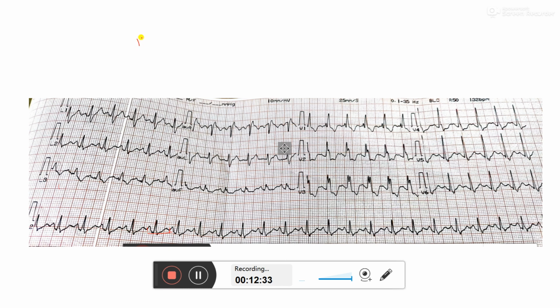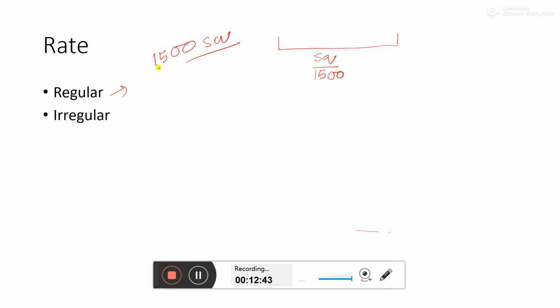It is approximately 11 small squares. We will divide 1500 by that small square count, so the denominator will be 11. 1500 by 11 is equal to 136.